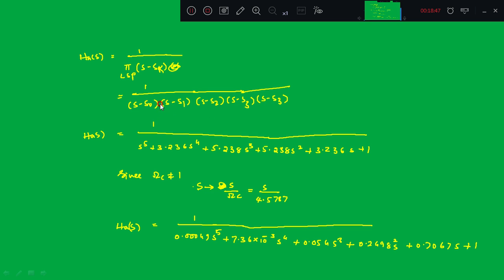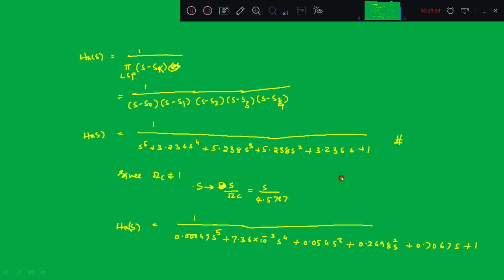So already we have S0, S1, S2, S3 and S4. Substitute all S0 to S4 and simplify by multiplying each, then you will get HA of S is equal to this. So this is HA of S, that is the transfer function, right?